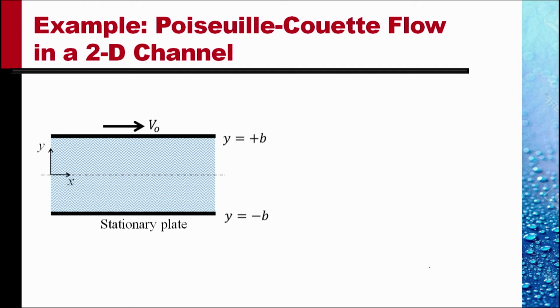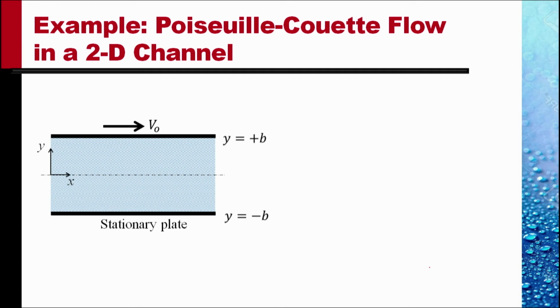The plates are infinite in length. To be distance apart. We take the origin in the middle of this channel so that the upper plate is at y is equal to plus p and the lower plate is at y is equal to minus p. Let us assume that the lower plate is stationary while the upper plate is moving with a constant velocity v naught.